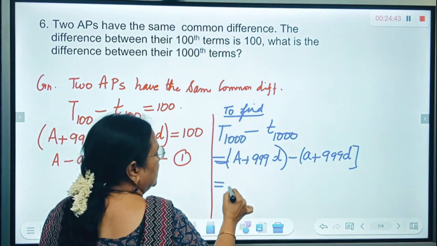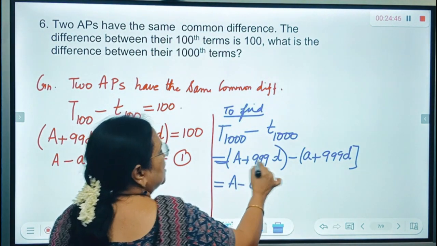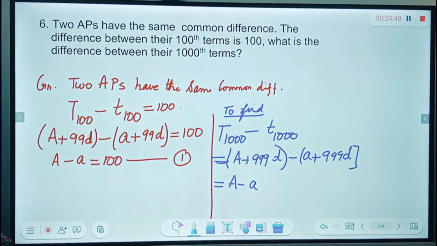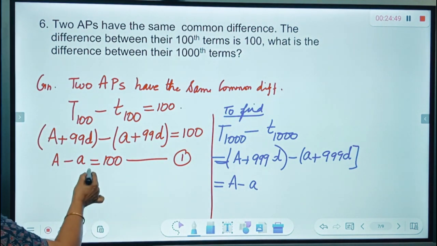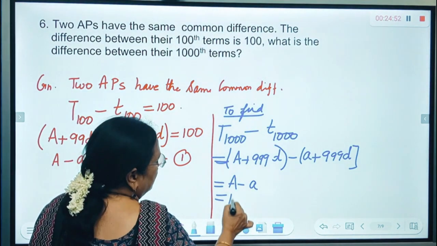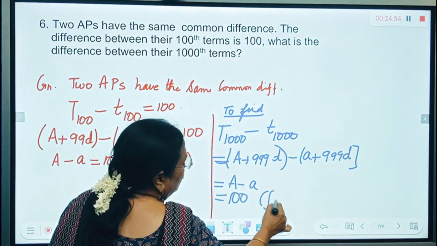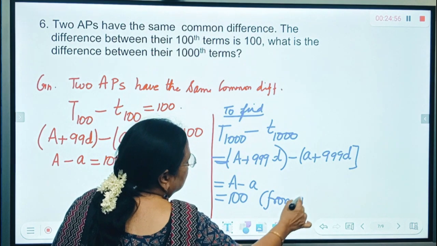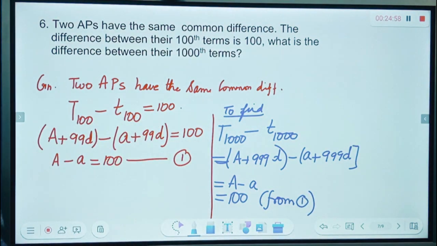This is A minus a, because 999d and 999d again get cancelled. But A minus a is 100 from 1. So the difference between the 1000th terms is also 100.